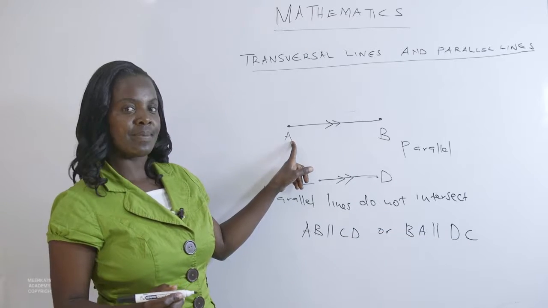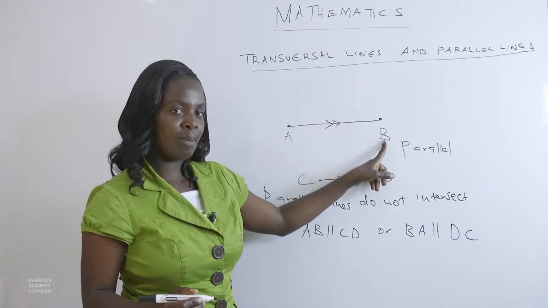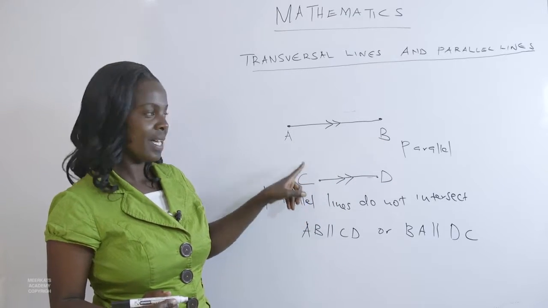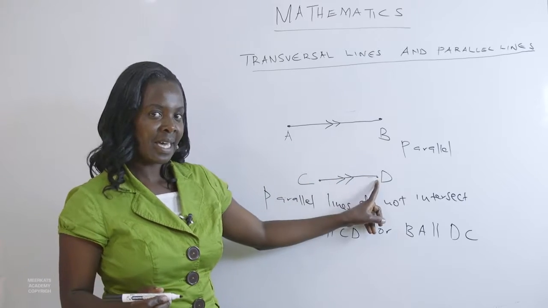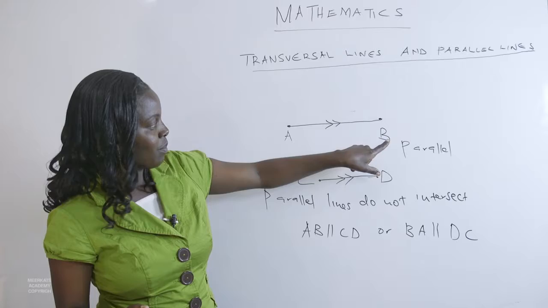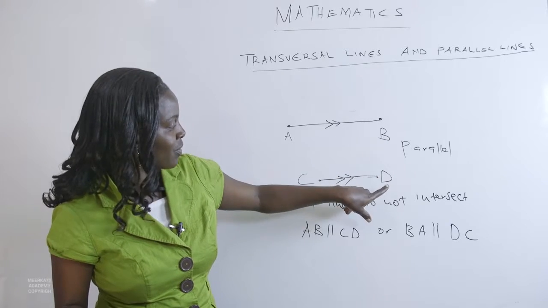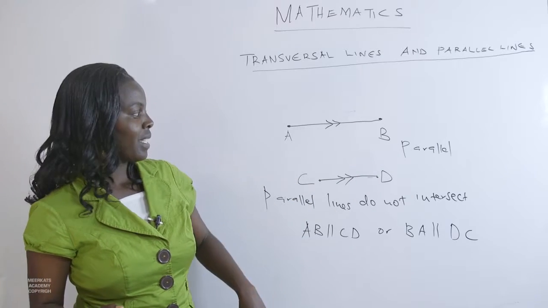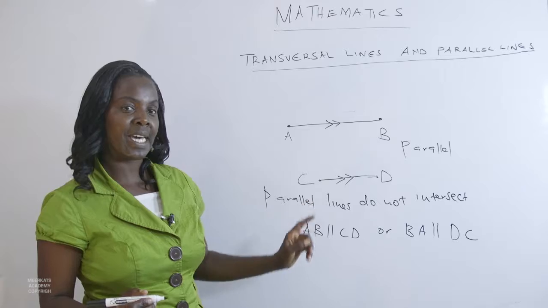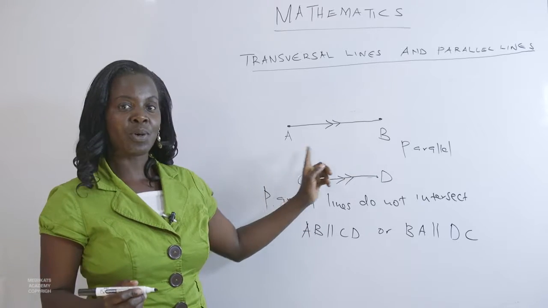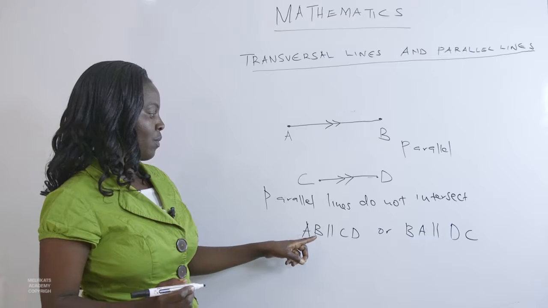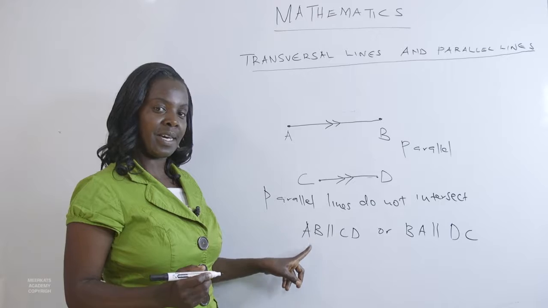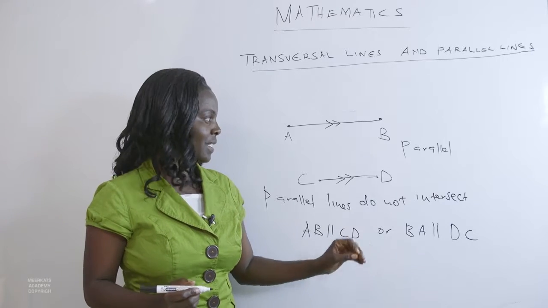If we start with A, AB, then when we are saying it is parallel to CD, then we should also start from this point here. A, B, C, D. If we start from this point, then line BA should also be parallel to line DC. We start from the ends that are corresponding ends. They must be going to the same direction. So we are saying if it is parallel, we use these 2 parallel lines to mean AB is parallel to CD.